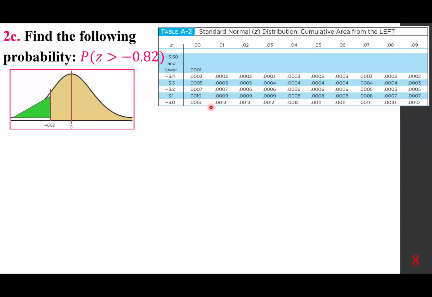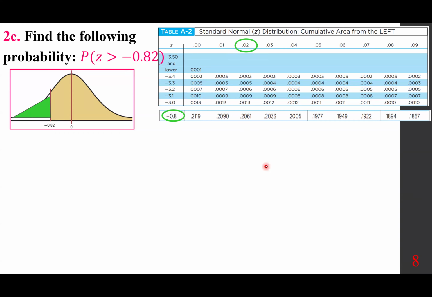Now, because of the way the table is, it will give you the answer to the left. So probability of z larger than negative 0.82 is of interest to us. But what it will give us is the answer here, negative 0.82.